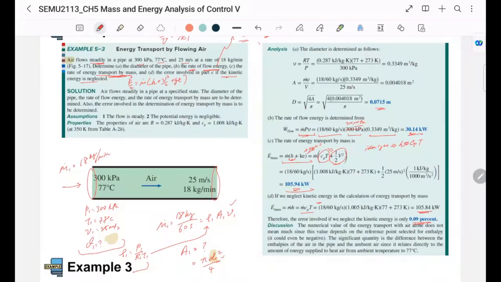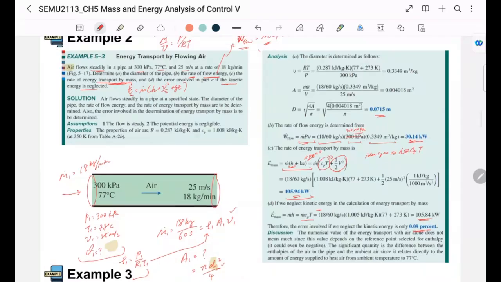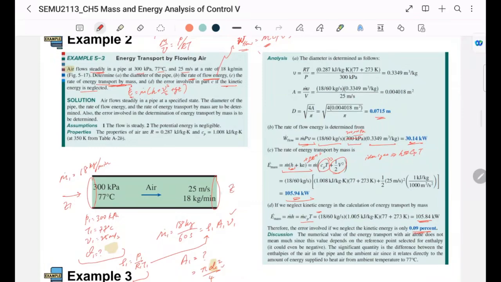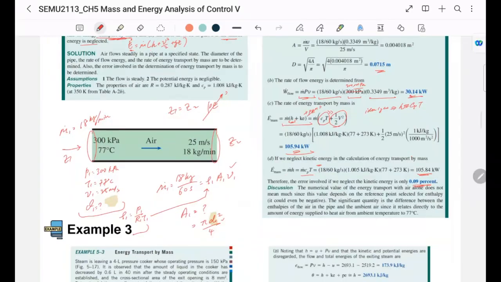In this case, it's very clear there is no elevation change, so therefore PE is zero. But kinetic energy definitely is there. So even though it's small, most of the time we'll just calculate it.